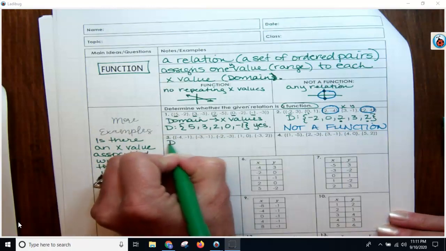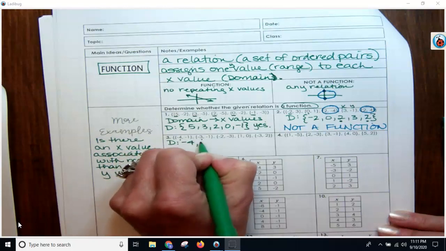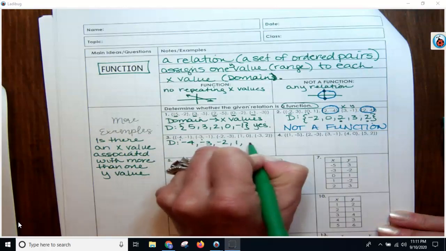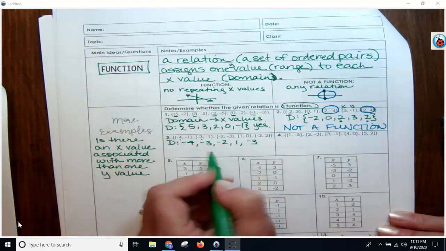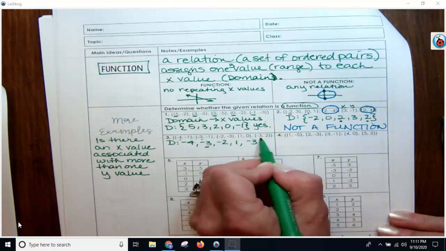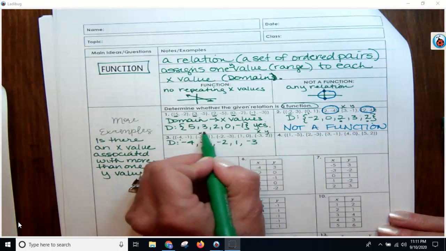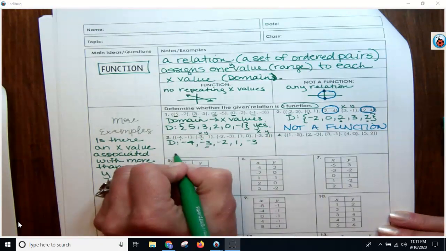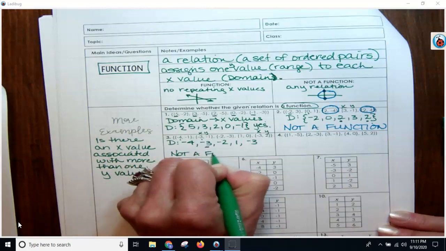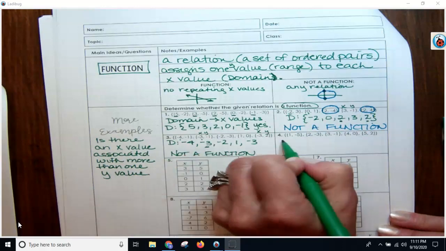So in this situation, my domain is -4, -3, -2, 1, and -3. Well, look, I've got -3 associated with -1, and I've got -3 associated with 2. I've got repeating x values, so this would not be a function. And what about number 4?